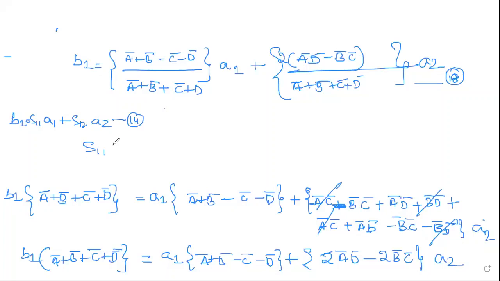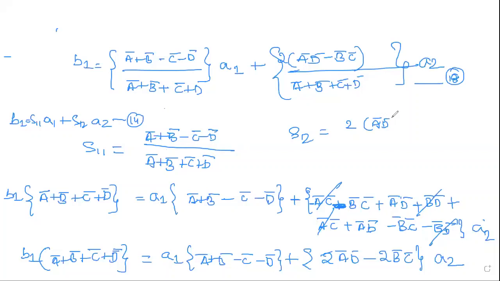What is S11 here now? A bar plus B bar minus C bar minus D bar all divided by A bar plus B bar plus C bar plus D bar. Similarly, S12 is equal to 2 times of A bar D bar minus B bar C bar whole divided by A bar plus B bar plus C bar plus D bar.